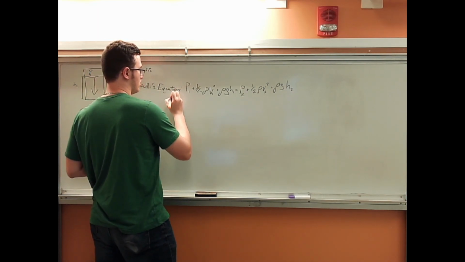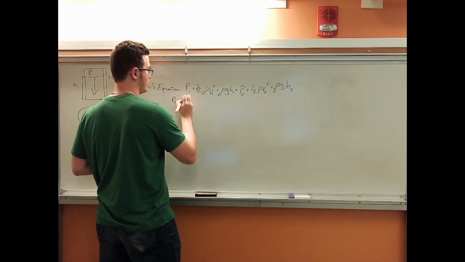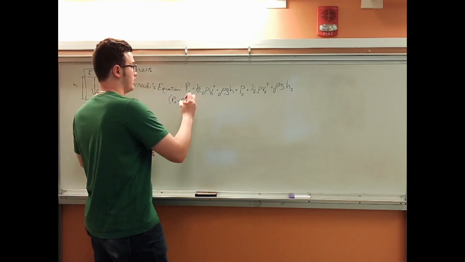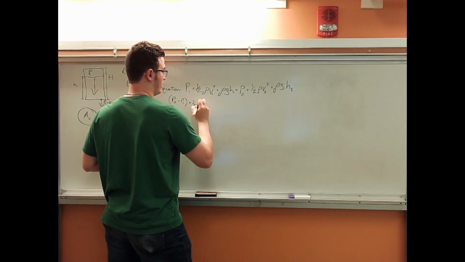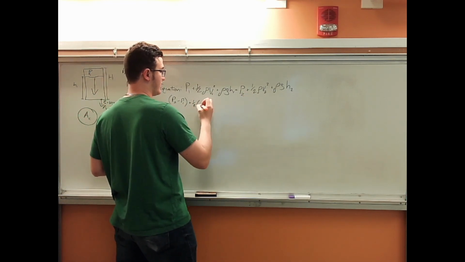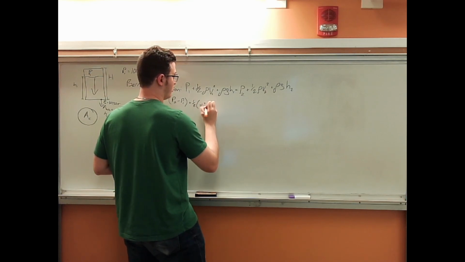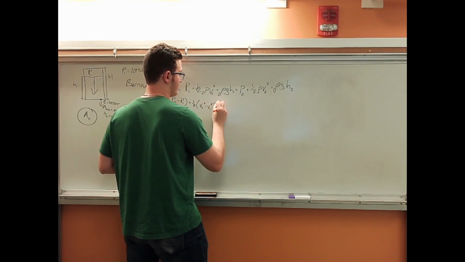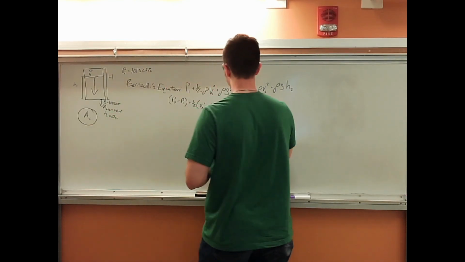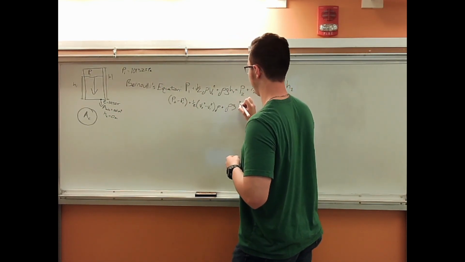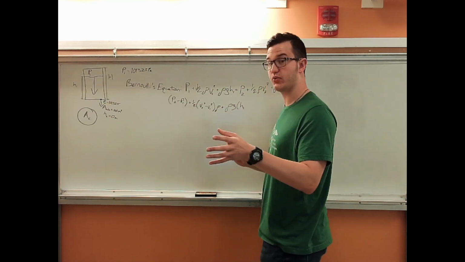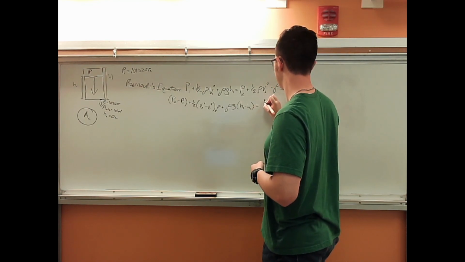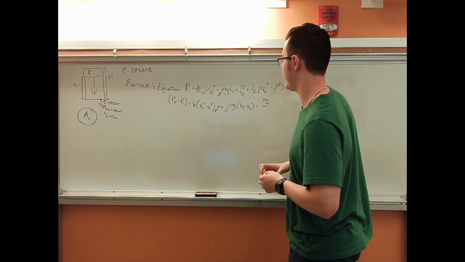So P2 minus P1, the difference in pressures between state 2 and state 1, plus 1/2 the difference in velocities between state 2 and state 1, so V2 squared minus V1 squared, times the density, plus density times gravitational constant times the difference in heights between the two, h2 minus h1, is equal to, here comes the frictional heating.